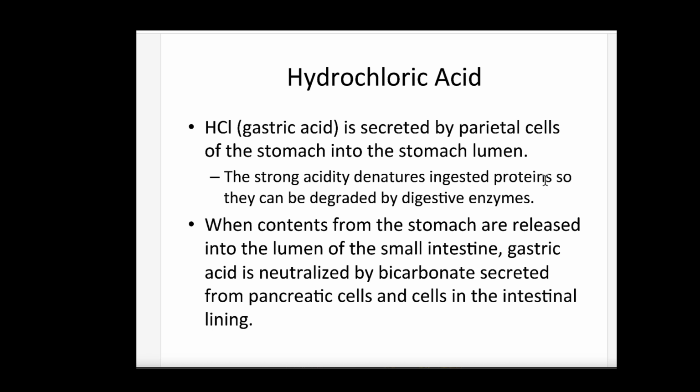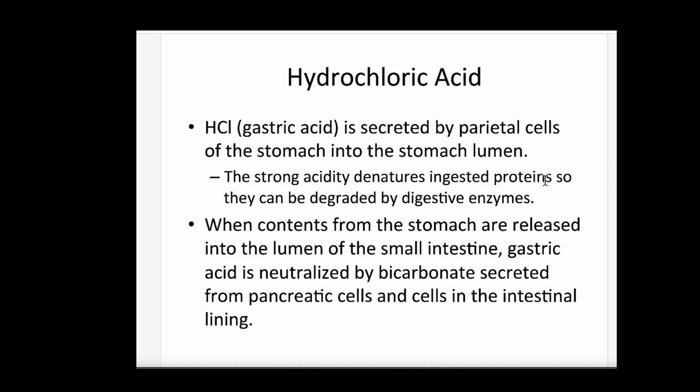Hydrochloric acid, okay? So briefly tapping into hydrochloric acid, it is also known as gastric acid, and it is secreted by parietal cells in the stomach, okay? And in the stomach lumen you have a strong acidity and it denatures ingested protein. So this is how, when we're eating food, a lot of our proteins are denatured so that they can be degraded by digestive enzymes.